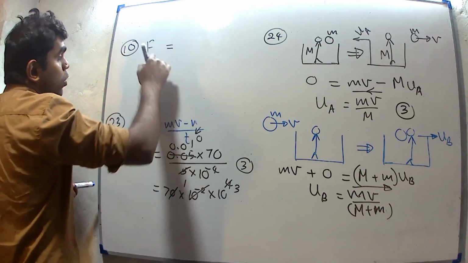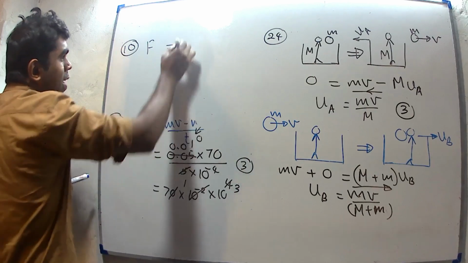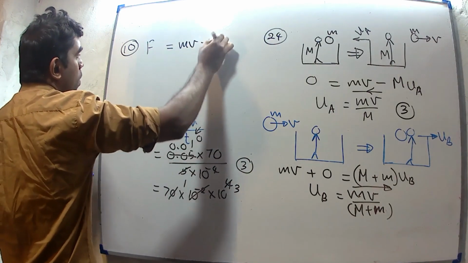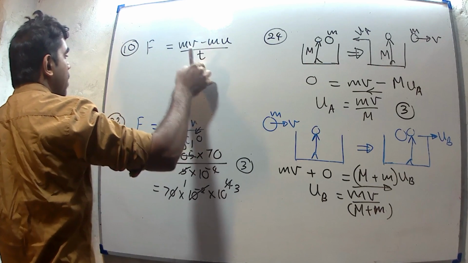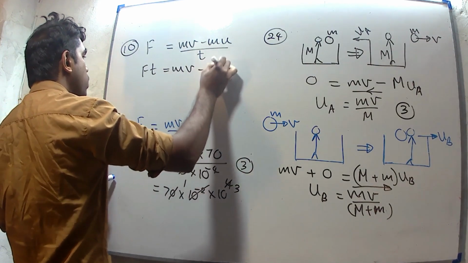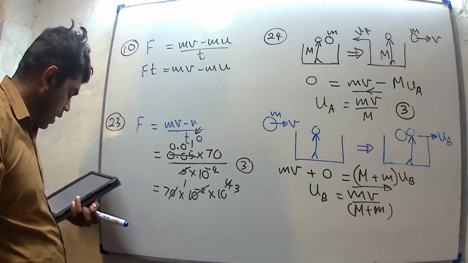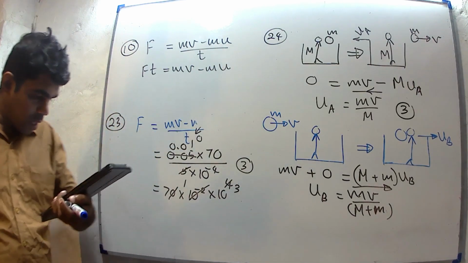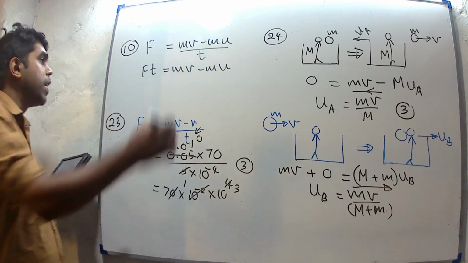We can get it by using Newton's second law. Force is rate of change of momentum. Then Ft equals mv minus mu. Then change of momentum should be equal to the Ft product.